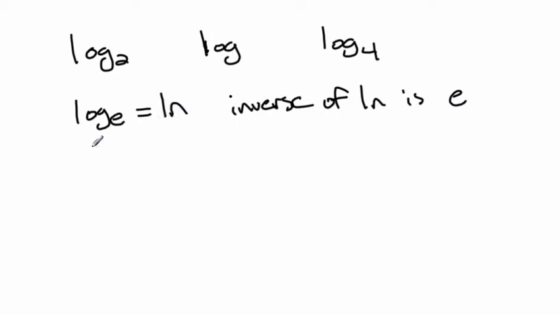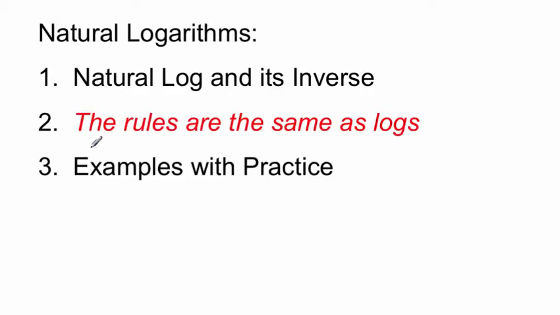Let's take our next step: the rules are the same as logs. What I mean is, with logs, if I have 2 log x, that's equal to log of x squared.